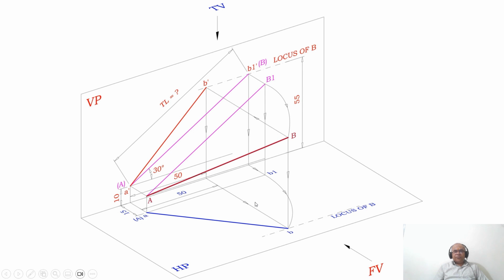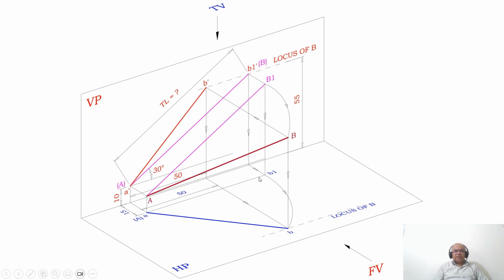But how to get the top view? With A as center, taking the radius of AB1, which is in space, you are rotating this line such that this point is going to lie on the end projector distance. You can see that. When you are doing it in space, what happens to the corresponding image in the top view?